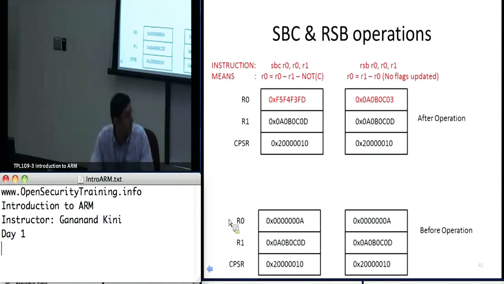So which one are we looking at? Are we looking at SBC? SBC. Okay. Sorry. Yeah, so we're looking at the SBC instruction. We have 0A, 0B, 0C, 0D, and then we subtract A. We're essentially doing hex A minus 0A, 0B, 0C, 0D. Right? So no overflow.